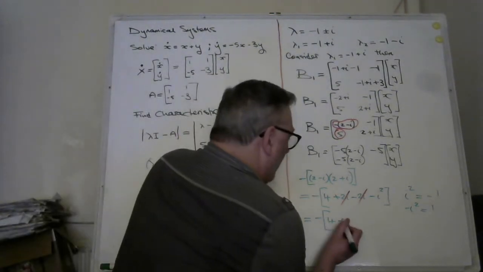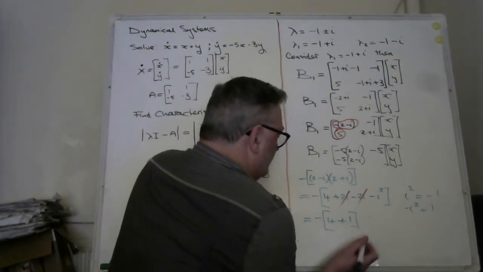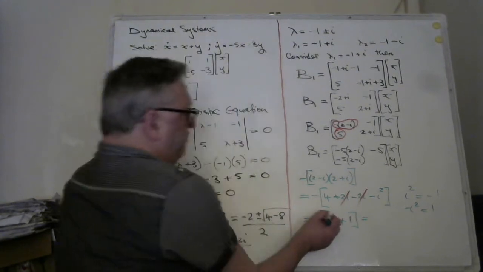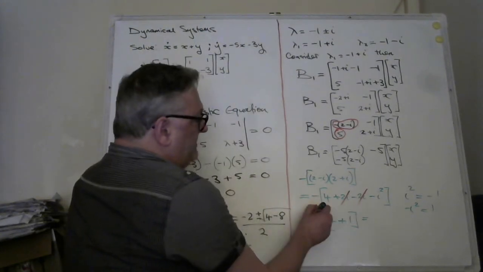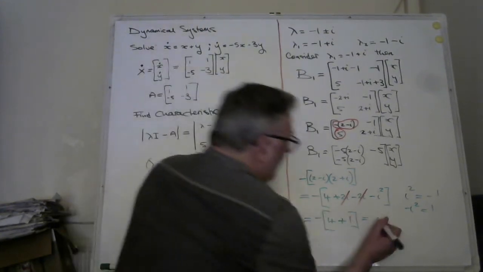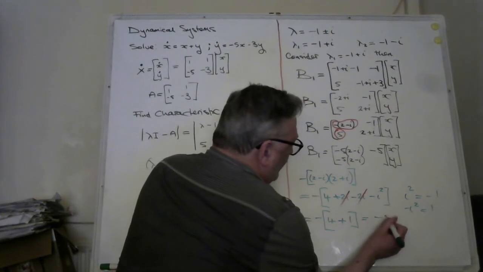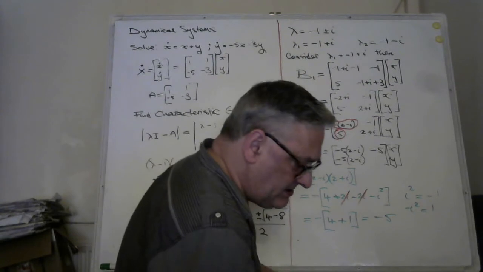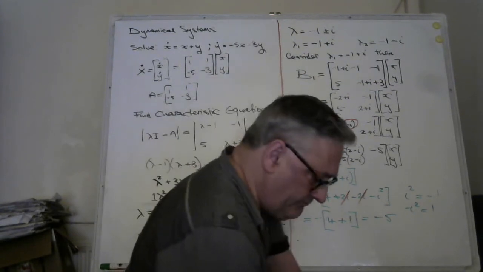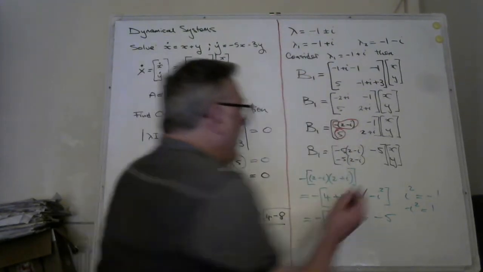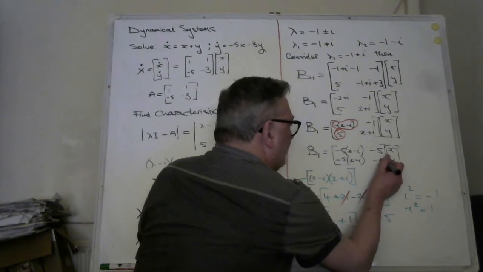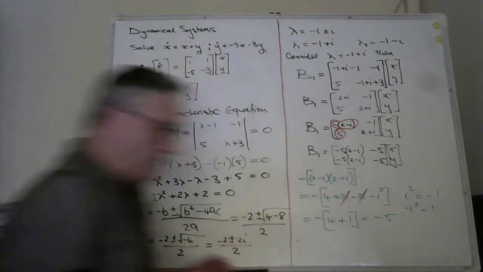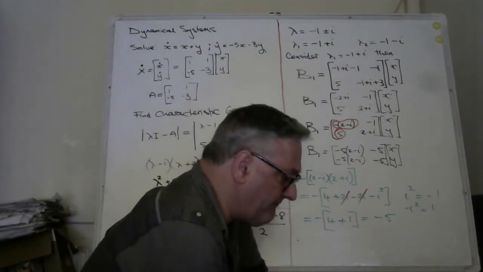So we've got 4 plus 1 in the brackets, and of course adding together 4 plus 1 and multiplying by this negative sign outside gives minus 5. So what we've got here is minus 5. Now I'm just going to rub out this bit of rough working.